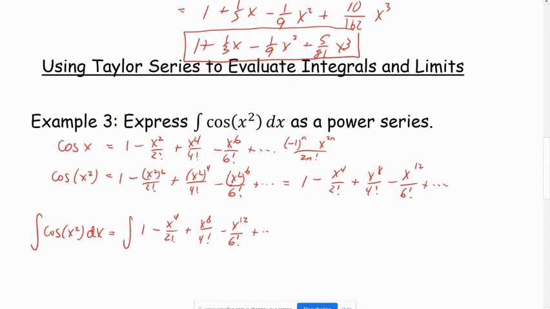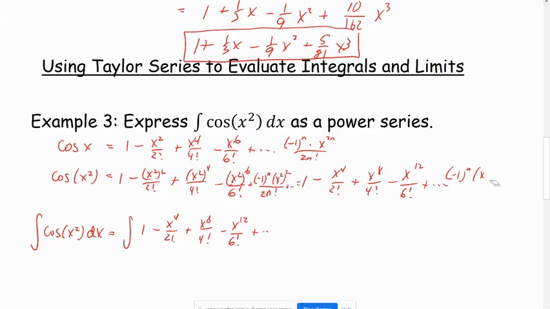This is actually negative 1 to the n. And so then here, it's going to be negative 1 to the n, x squared to the 2n. Here, I'll squeeze it in here as well. Negative 1 to the n, x squared to the 2n over 2n factorial.